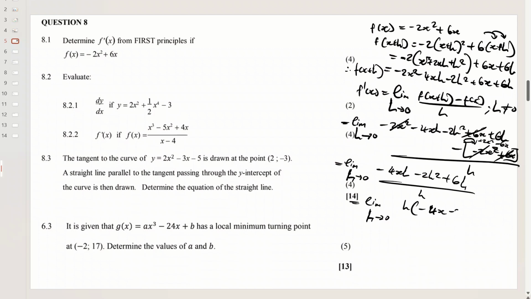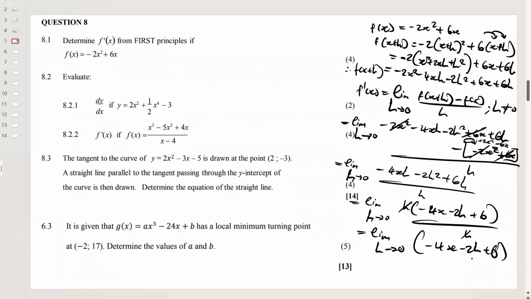So you'll have something like this. And then you see now we cancel the h in the numerator and the denominator. So now this means we can take the limit. You replace h with 0, you have 0 plus negative 4x, that's negative 4x plus 6. So therefore, the derivative from first principle is just negative 4x plus 6.